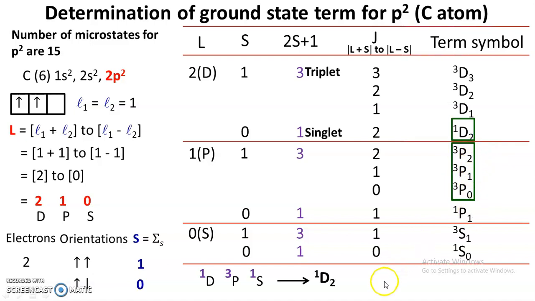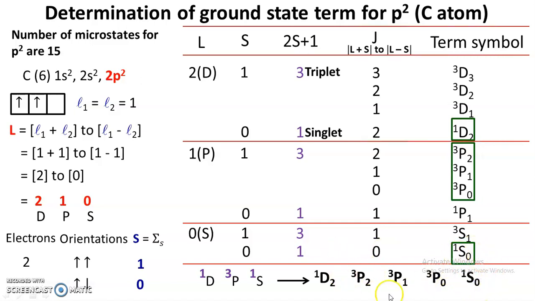So these are allowed. So I am writing allowed here. And for the S1 term, the allowed term symbol is S10. S31 is not allowed because here multiplicity is 3. So this is allowed, so I am writing here.